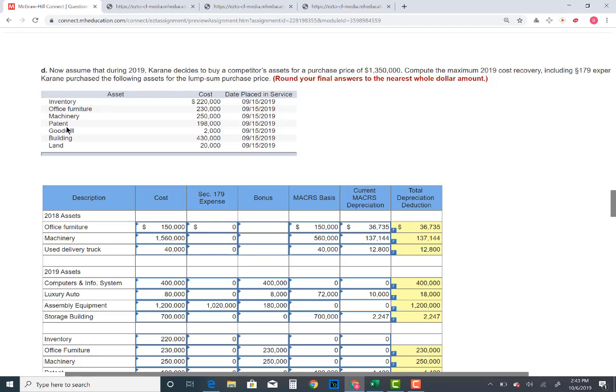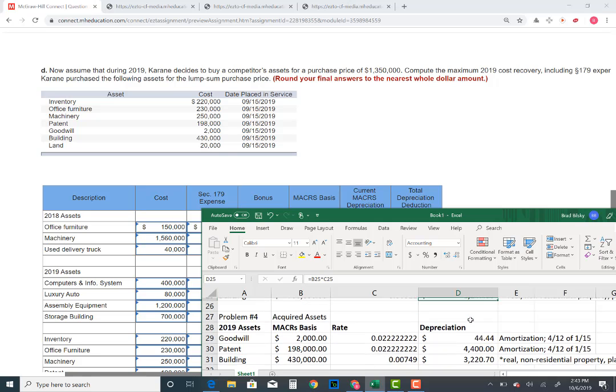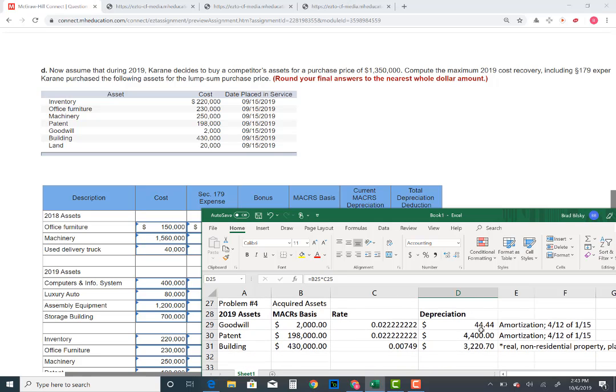We take 1/15 of the value per year, but we don't have a full year. We have 4/12 of a year. So for those particular assets, notice I'm taking 4/12 of 1/15. In the second year, in 2020, when I do the taxes for the goodwill, I would take 2,000 times 1/15. That would give me how much amortization expense I could take in 2020.